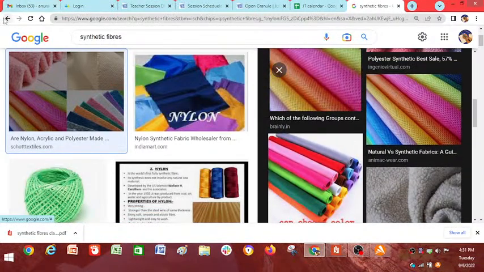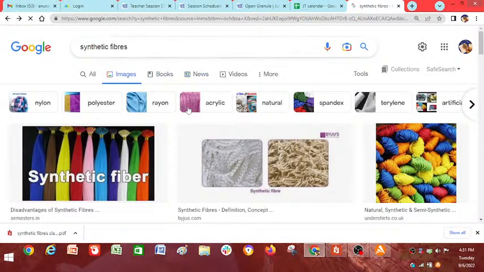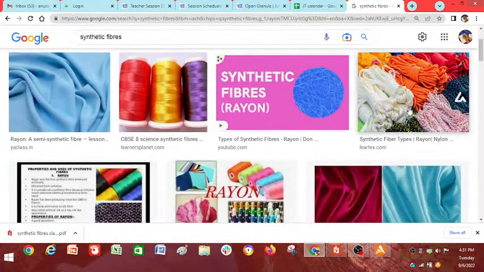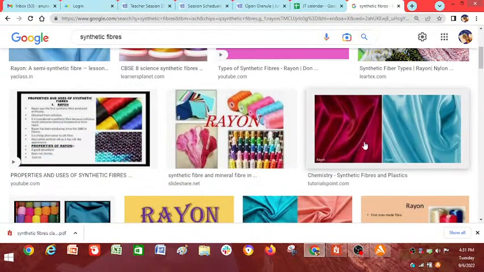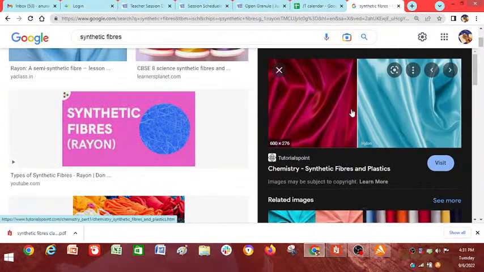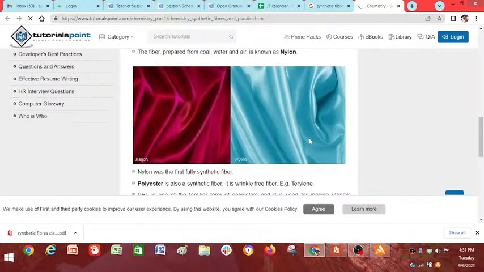And now we can just move on to the rayon ones. So rayon के जो आपके cloths हो गए, देखिए, it looks like silk, but that is not silk. You can see in this diagram, it looks like silk, but they are not silk.